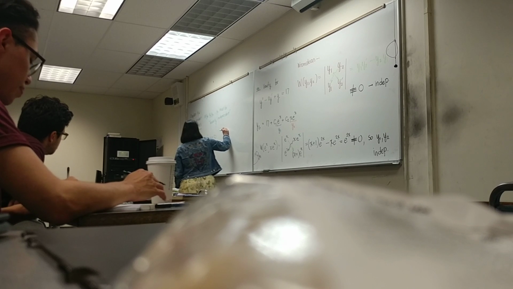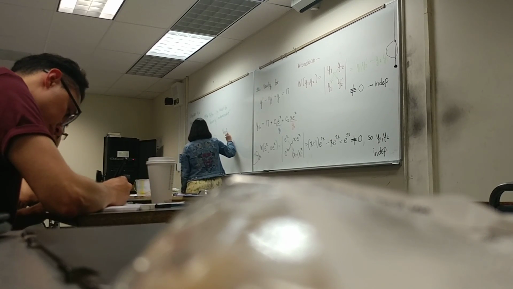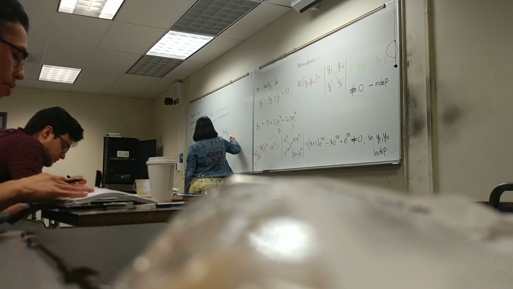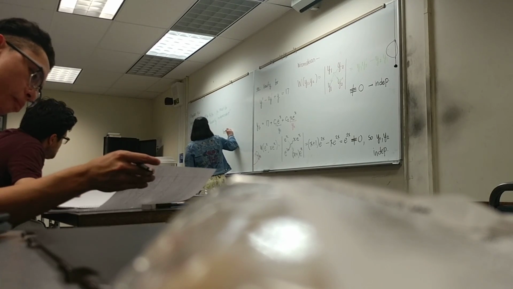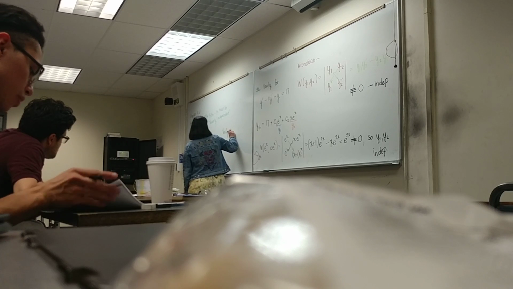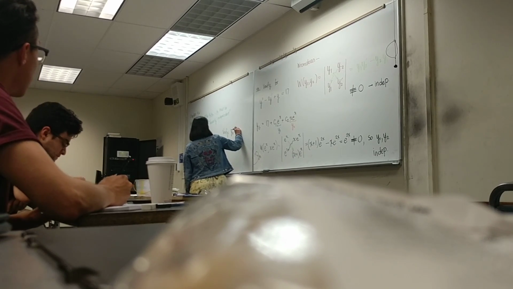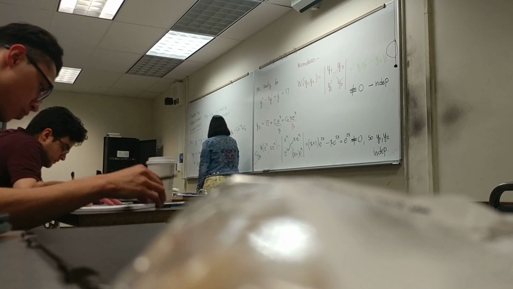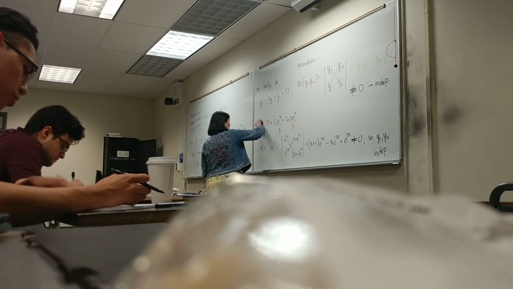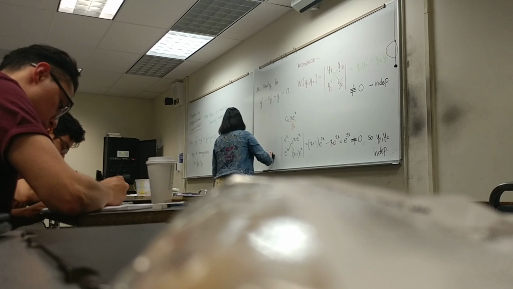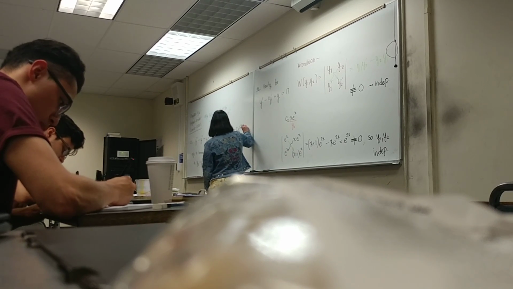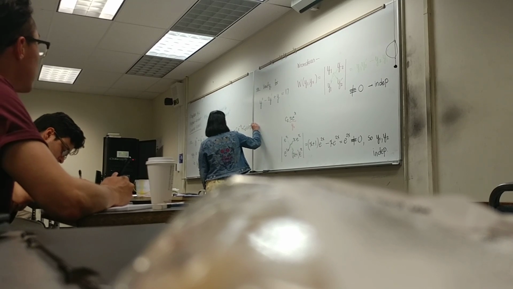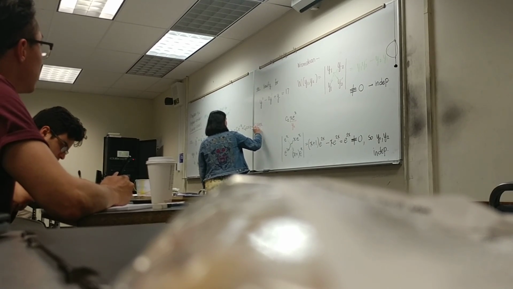Let's maybe verify just the independence. YH is C1 e to the negative x, plus C2 cosine x, plus C3 sine x.